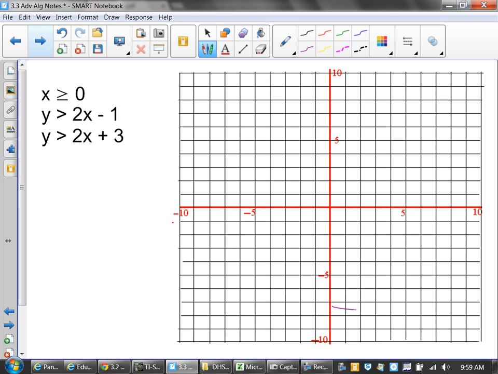X is greater than 0, so I know it's everything going this way. Bigger than -1. Yes.